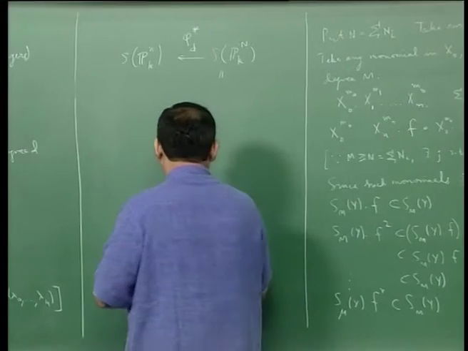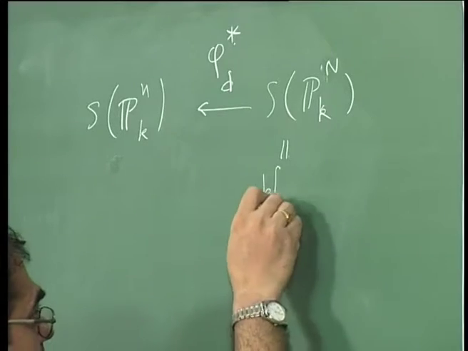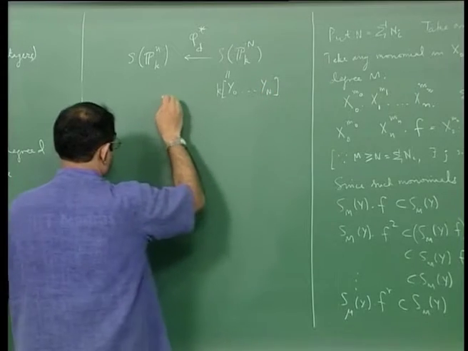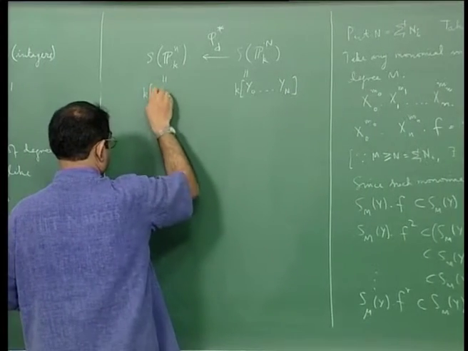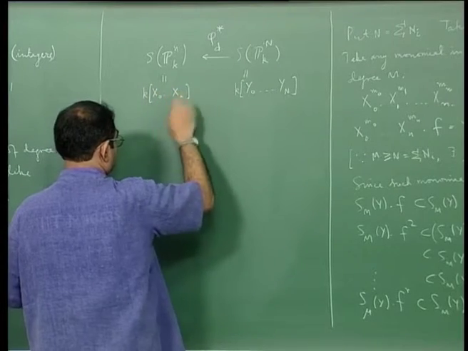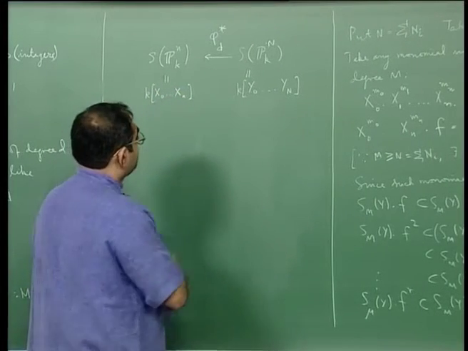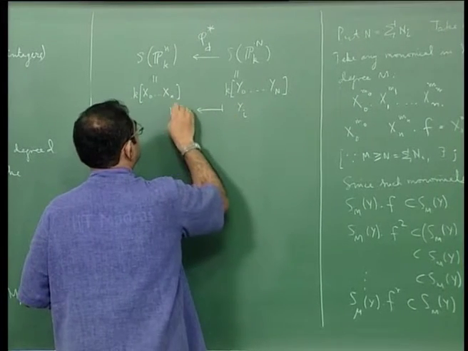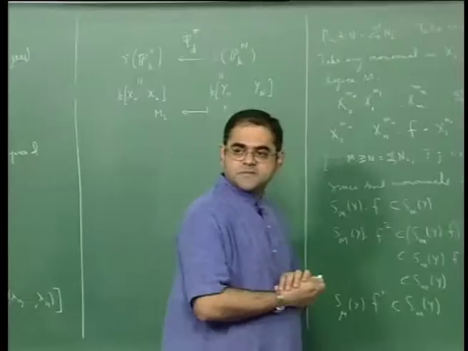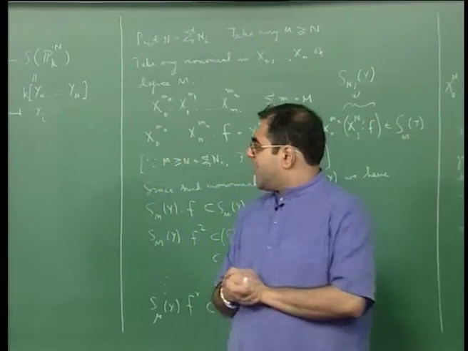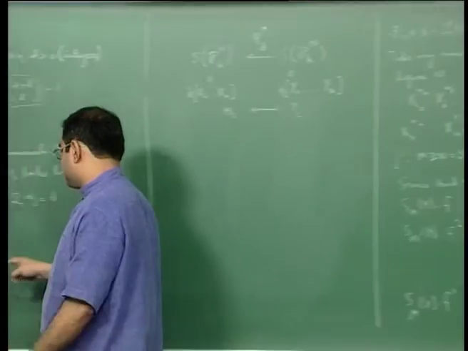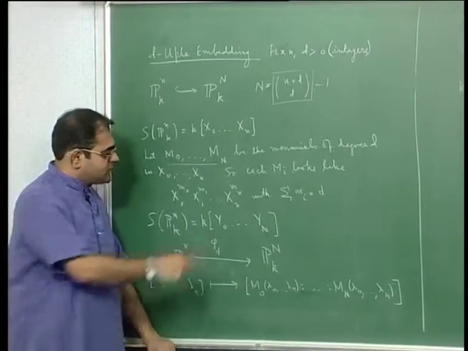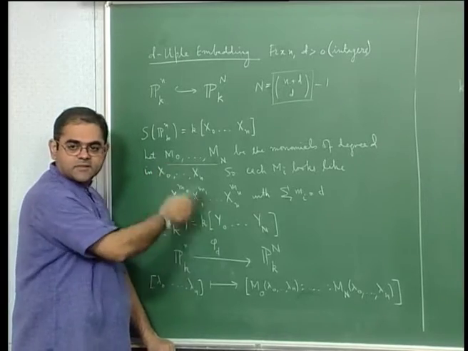This is k[y0,...,yN], and this is k[x0,...,xn]. And what is this map? This map is very simple, you just send yi to mi. After all, there are exactly as many yi's as there are mi's, so send the corresponding yi to the corresponding mi.